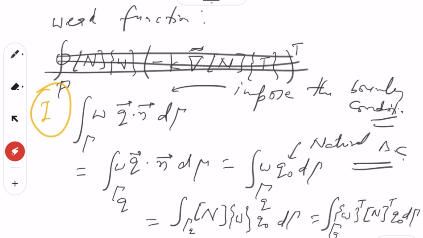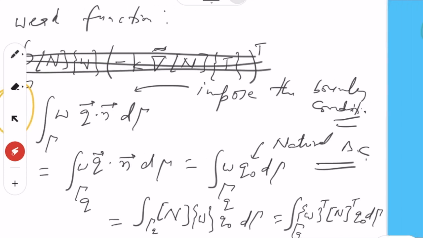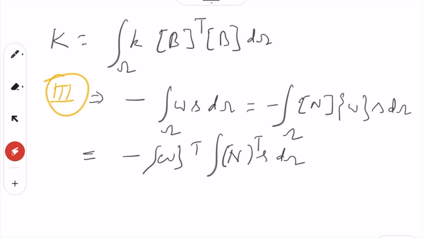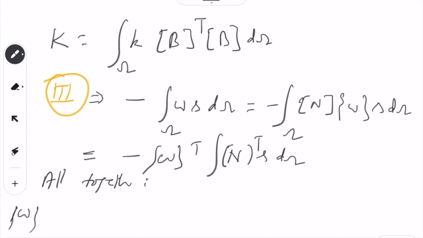So in all the cases, we can make this W common and write it like that. So we get W T. So we can write like this, all together we get W T, and then the second term first we are writing.